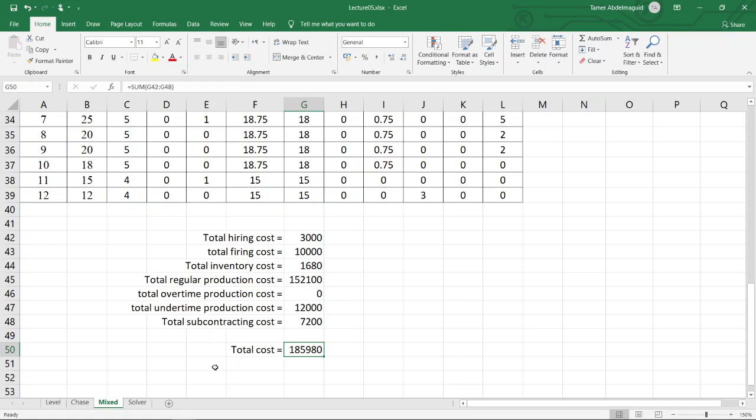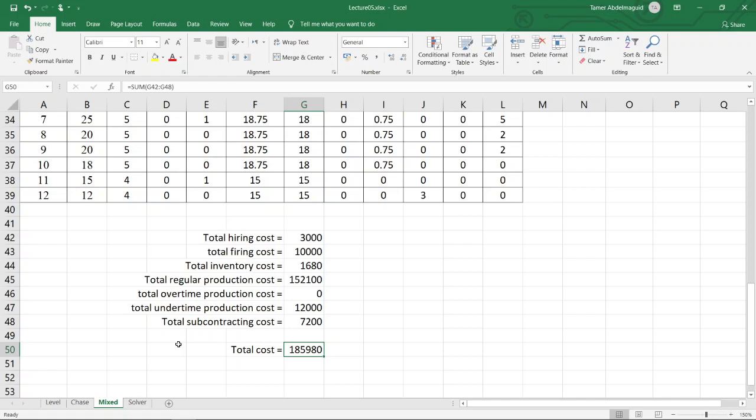The level strategy and the chase strategy are simply the 2 extreme solutions that we might get for this problem, when we apply very extreme ideas of how to handle the capacity versus the demand. And the mixed strategy is something in between that tries to achieve lower costs by combining some ideas from the chase and the level strategy.